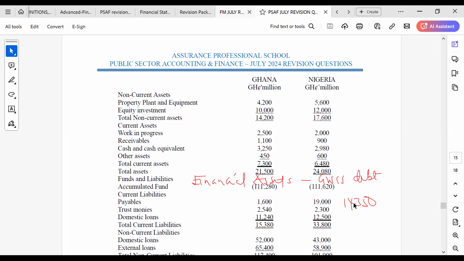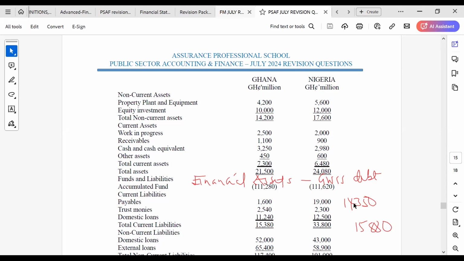Confirmed. Okay, 14,350. So Nigeria will be, I'm getting 15,880. Okay. So can we find our net debt percentage now?